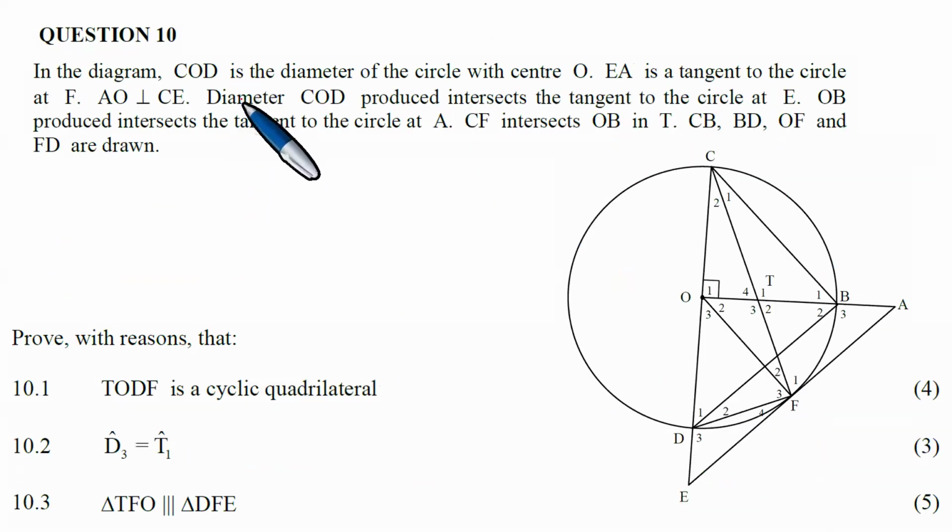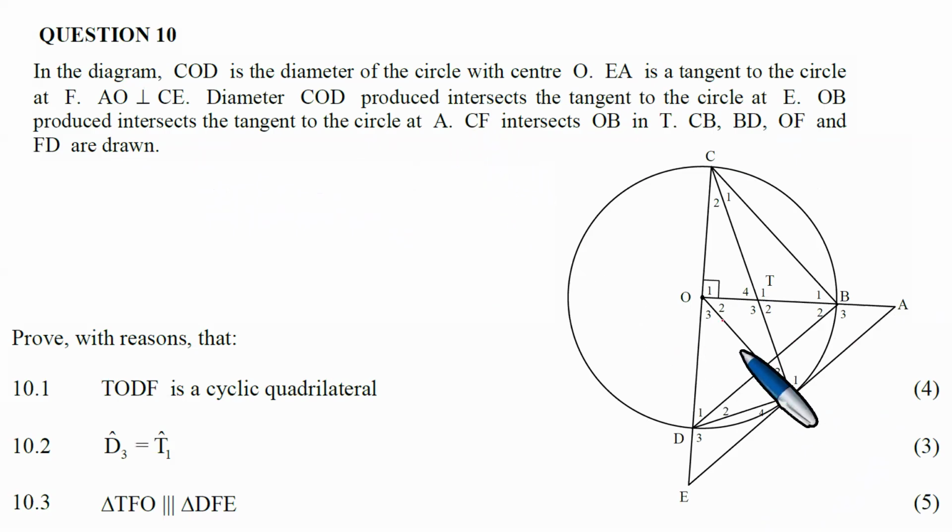In the diagram, COD is the diameter of the circle with center O. EA is the tangent to the circle at F, and AO is perpendicular to CE. The COD produced intersects the tangent at E. OB produced intersects the tangent to the circle at A.